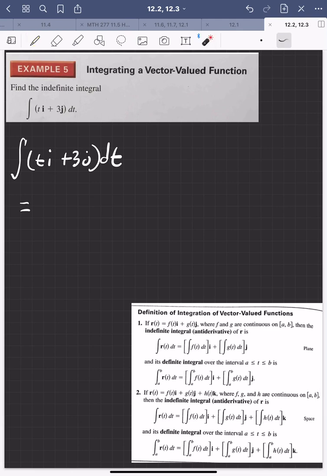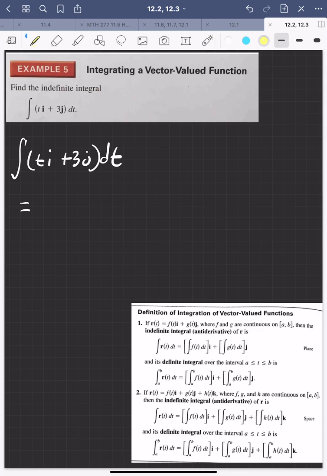So we want to find the indefinite integral of t i plus 3 j. We're going to go ahead and integrate this component by component. So let's start with t.